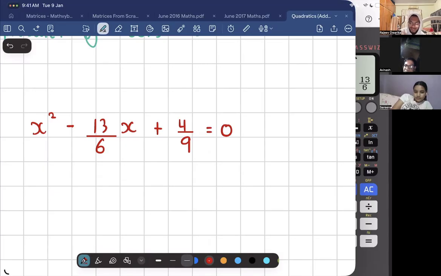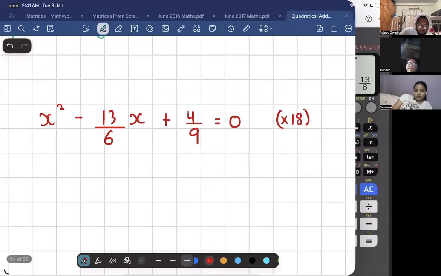Avinash, can 9 go into 18? How many times? 2 times. So we'll multiply both sides by 18. Serena, what are we going to end up with if I multiply everything by 18?